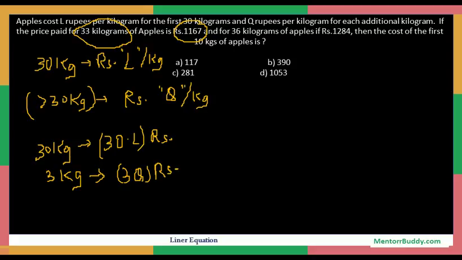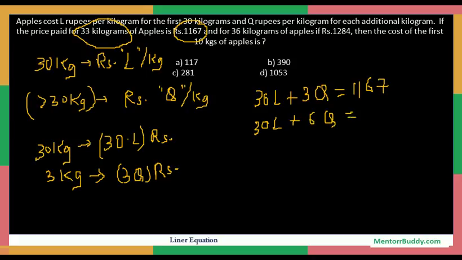So one equation can be formed here, that will be 30L plus 3Q is equal to 1167. That will be the first equation. Now another piece of information is also given, that 36 kilograms of apple cost rupees 1284. By this we can deduce that the first 30 kgs must be costing 30L and the remaining 6 kgs must be costing 6Q, and that will be equal to the total cost of 1284.